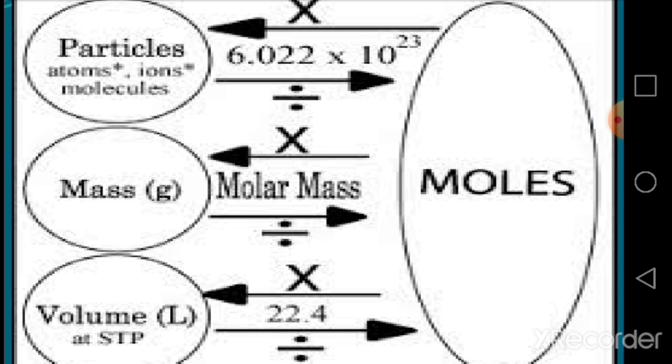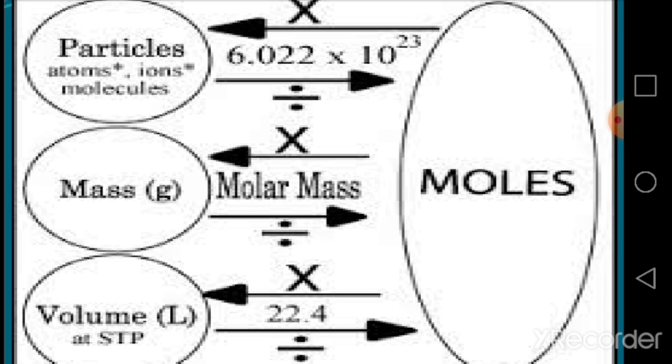This is Avogadro's number. 1 mole of every substance has this particular number of particles, 6.022 into 10 raised to power 23. If you are given atoms, ions or molecules numbers, divide this number by 6.022 into 10 raised to power 23, then you will be able to get the number of moles.